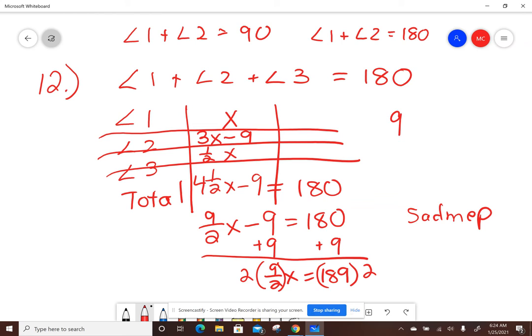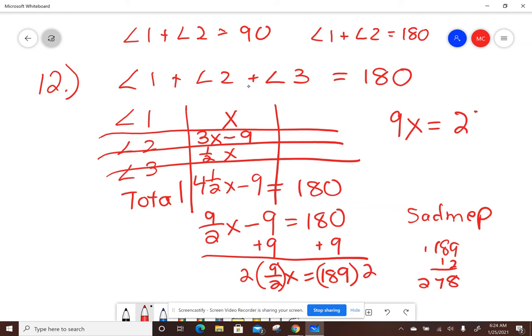And I end up with 9x equals 189 times 2 is, okay, 18, carry the 1, 16, 17, carry the 1, 278.